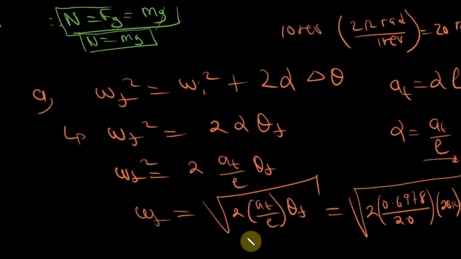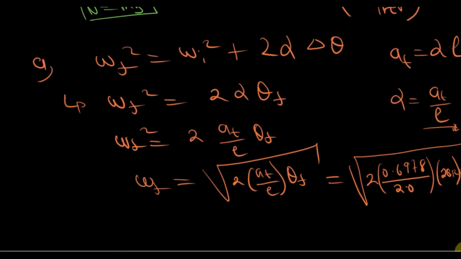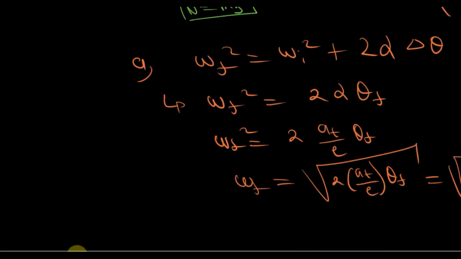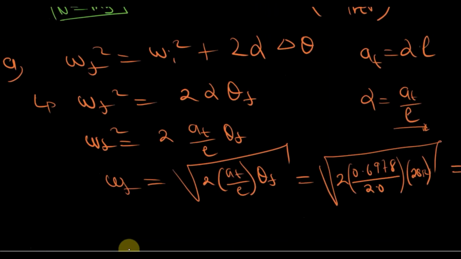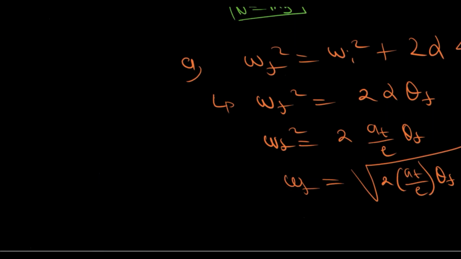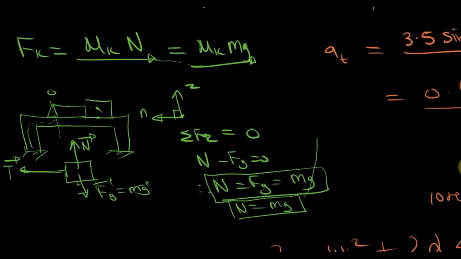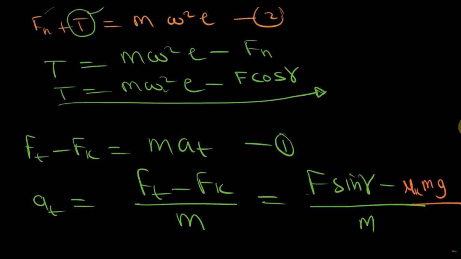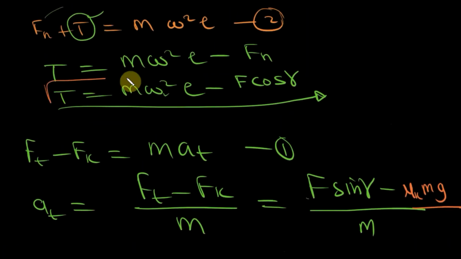Now we need to find the tension. Okay, I'll just do the tension here. B. Tension force. Found out that tension is equal to this. So this is the tension force. Let's just do it here.